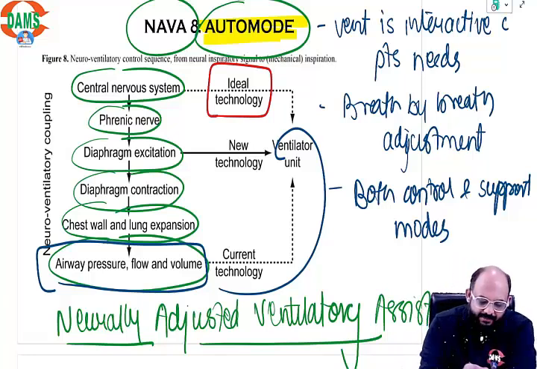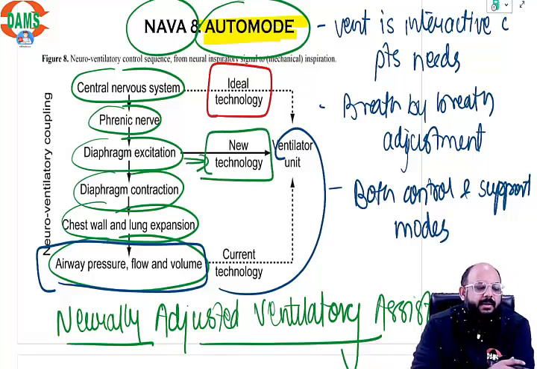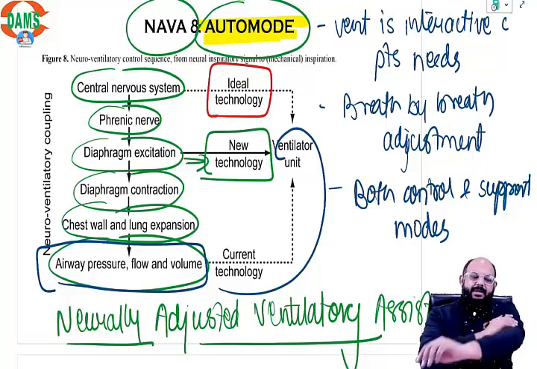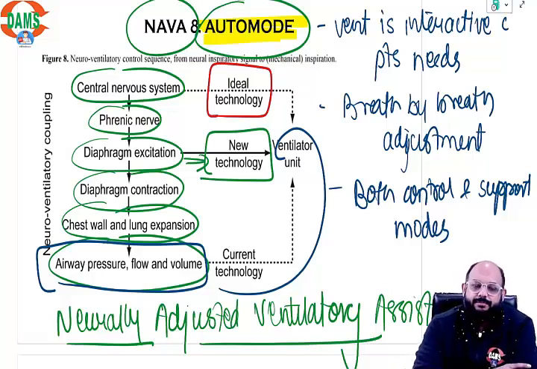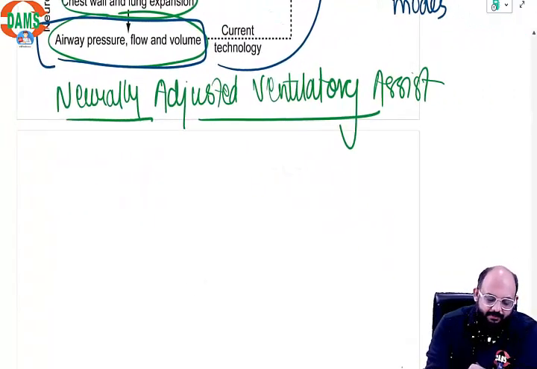What we have done is we have intervened somewhere in between, where we have put a probe that will measure the electrical activity at the level of diaphragm and accordingly adjust the pressure that is given by the ventilator.